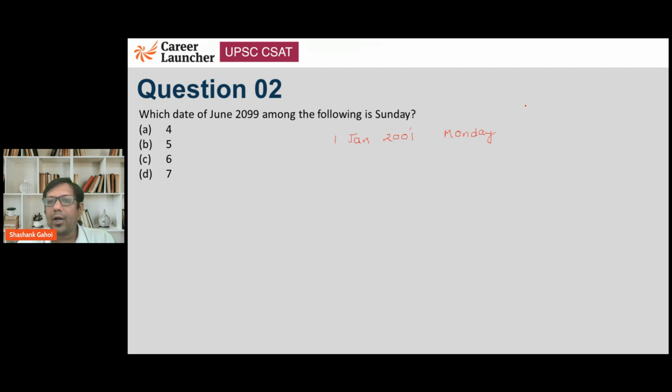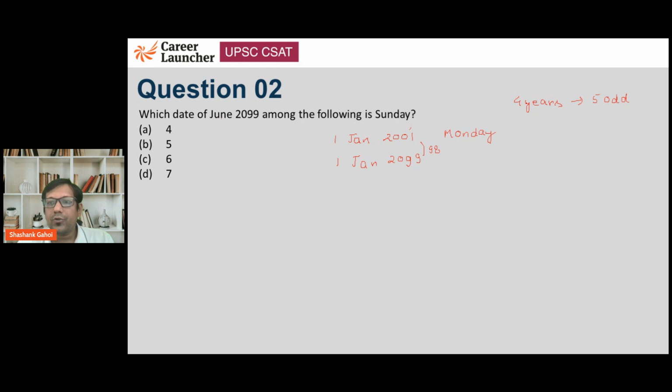Now I know in every 4 years we get 5 odd days or 5 extra days, because out of every 4 years there are going to be 3 normal years and 1 leap year. So from 2001 to 2099, if I'm talking about 1 Jan 2099, it is going to be 98 years.